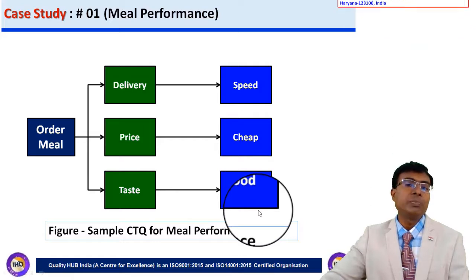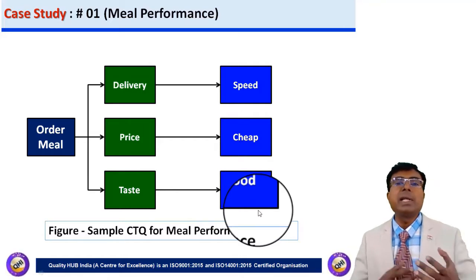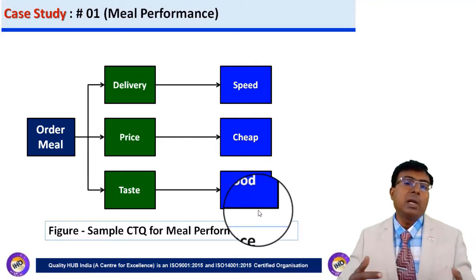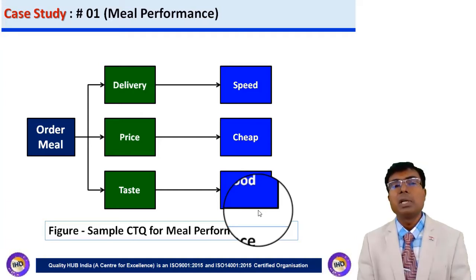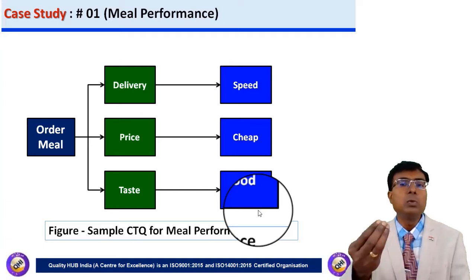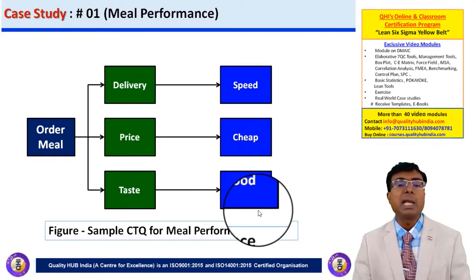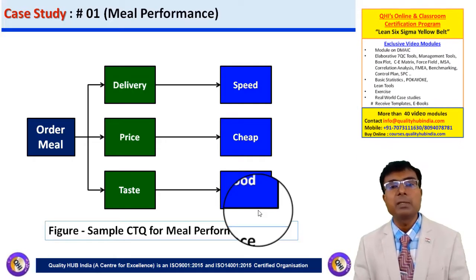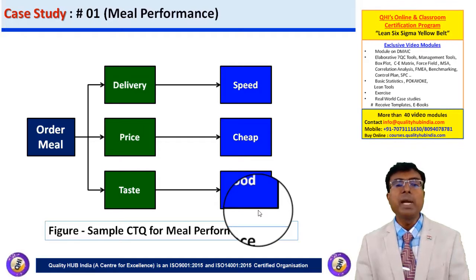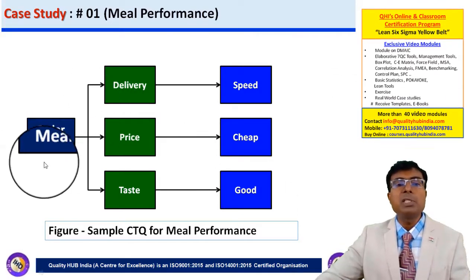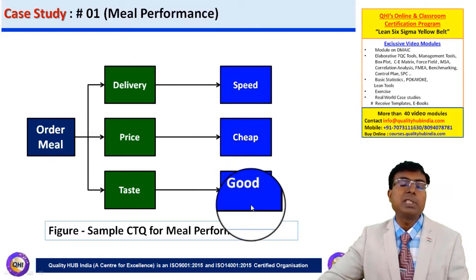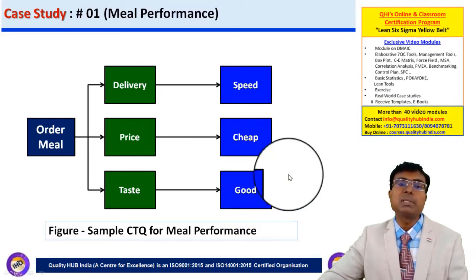After adding some ingredients, I can make a survey, or I can provide a revised menu or new menu with new ingredients, and offer it to the customer to get feedback whether it is good or not. So friends, in this way I can go on and convert the customer requirements into critical to quality requirements, which can be monitored to ensure that customers are happy.